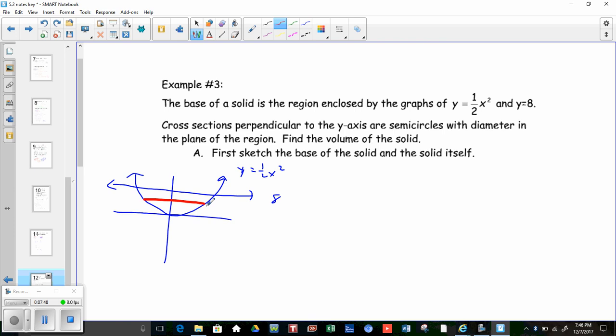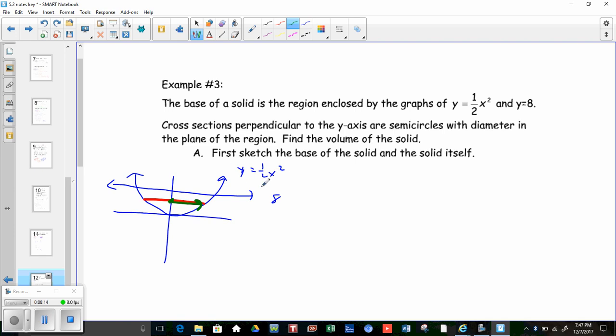Now you have to imagine that the semicircle is coming up off of the page. This is the diameter, which means this is the radius, and we need the radius for a semicircle. Also, we're doing this perpendicular to the y-axis.